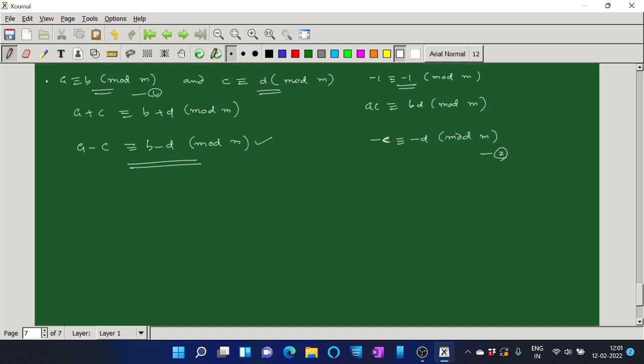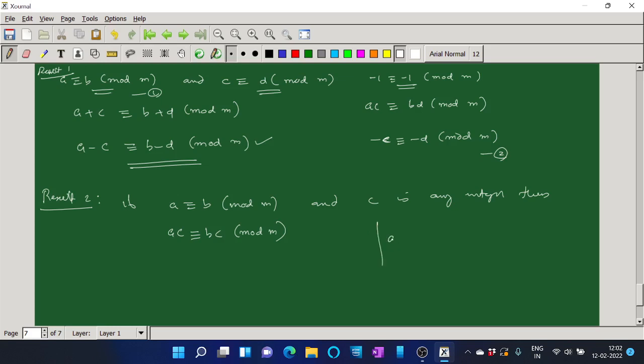Now another result, which we are getting from the previous two results. Then another result is a corollary, we can say: if A is congruent to B mod m and C is any integer, then you can multiply on both sides by C. AC is congruent to BC mod m.